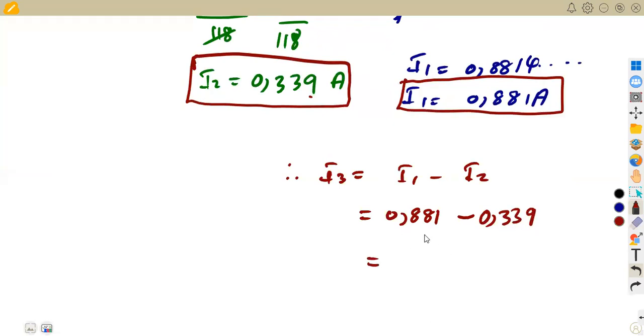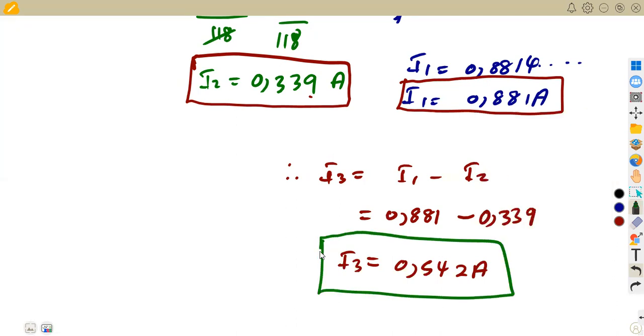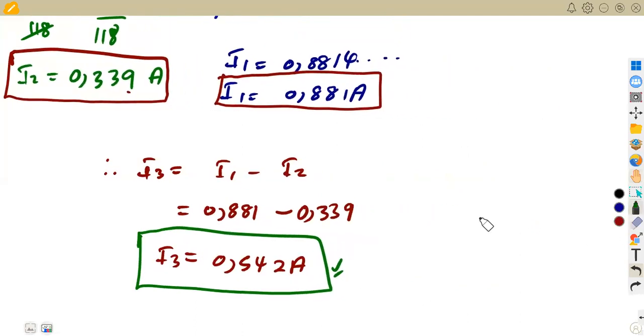So you're going to have the difference between these two, which is 0.542 amps. So that is going to be the current I3 in this case, which is the one that we needed, which is the current flowing through the 5 ohm resistor.